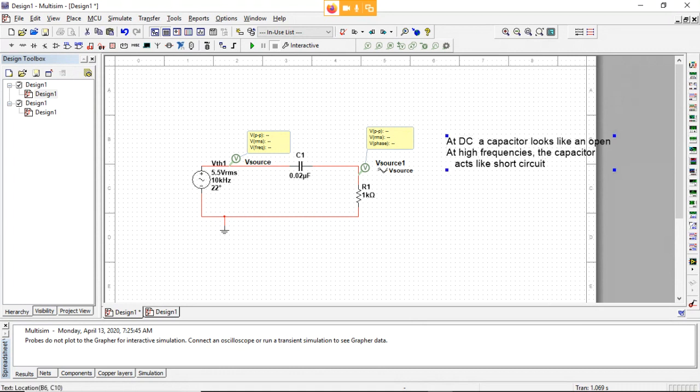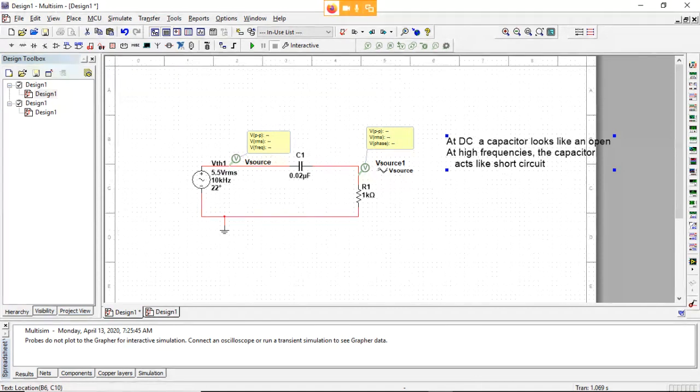Like I say, forgetting about the Bode plot for a minute or two, just think about this statement. Remember from the DC class that the capacitor looks like an open circuit. And at high frequencies, therefore, it's the opposite. It looks like a short circuit.